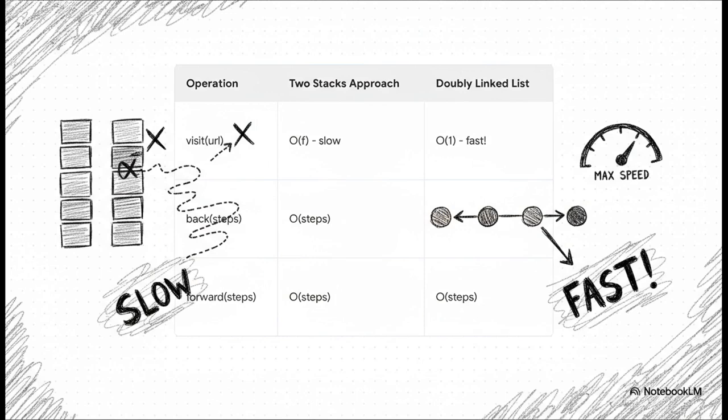But look at this table. The real game changer here is that visit operation. With a doubly linked list, it's O(1), which just means it's constant time. It's basically instantaneous. It doesn't matter if you have 10 pages in your history or 10,000. Adding a new one is always lightning fast. And since visiting new pages is something we do all the time, that is a massive win.